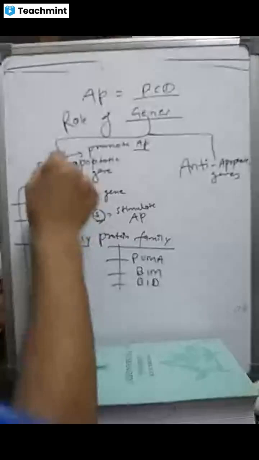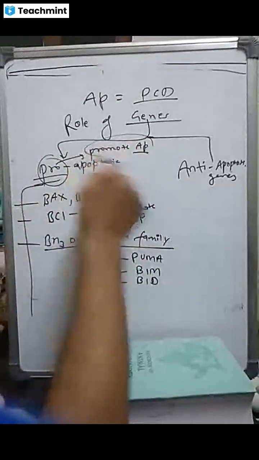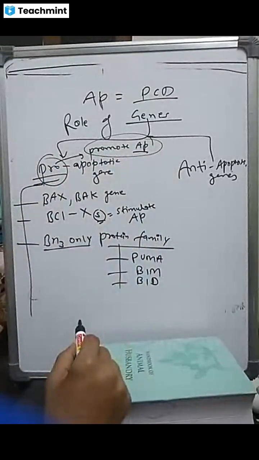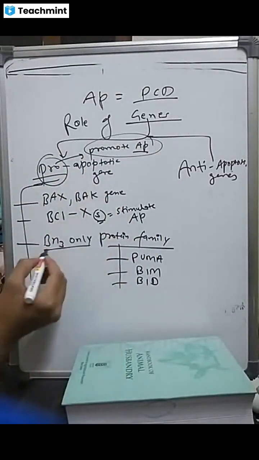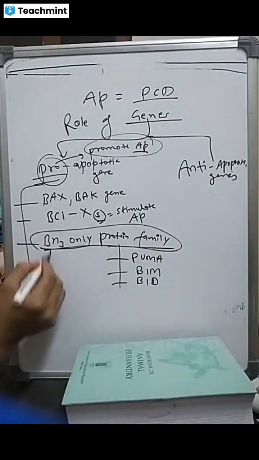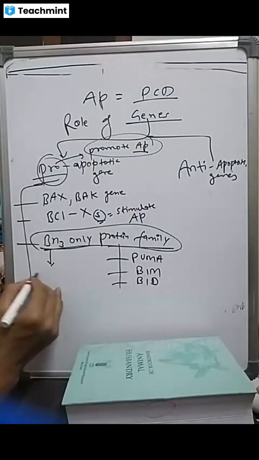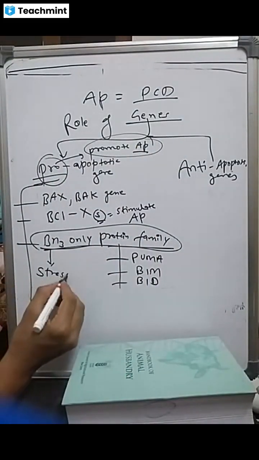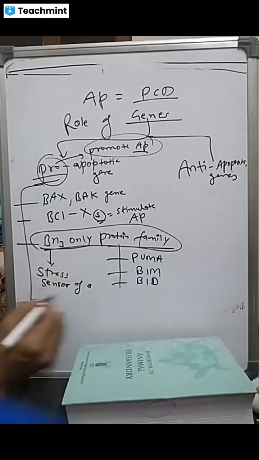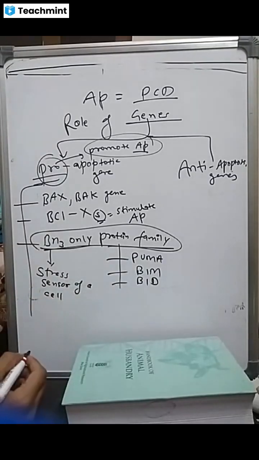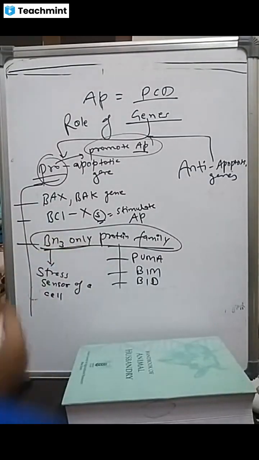They are pro-apoptotic genes. They promote apoptosis. This BH3 family is known as the stress sensor of a cell. They sense whether the cell is in stress or not.